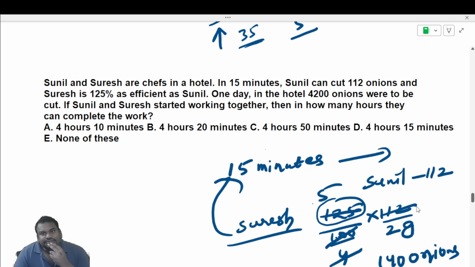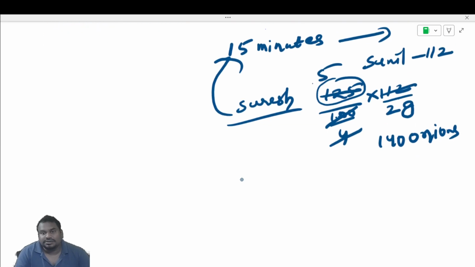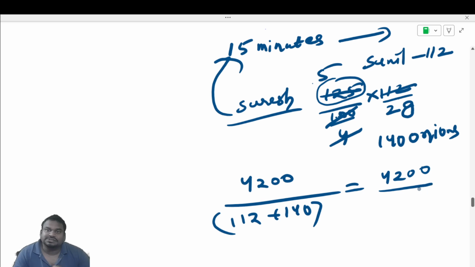So one day what happened? 4200 onions were to be cut. They are working together. Then how many hours can they complete the work? So then 4200 divided by, if they are working together, 112 plus 140, that is 252. This is only for 15 minutes we are calculating, not for 1 hour. So in an hour, how many 15 minutes will be there? 4.